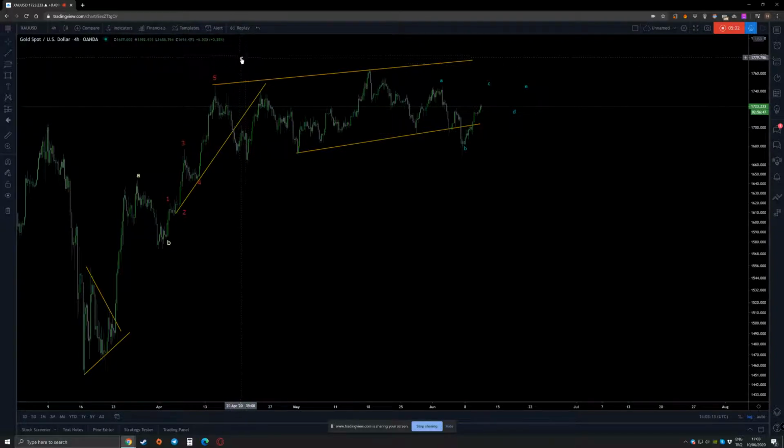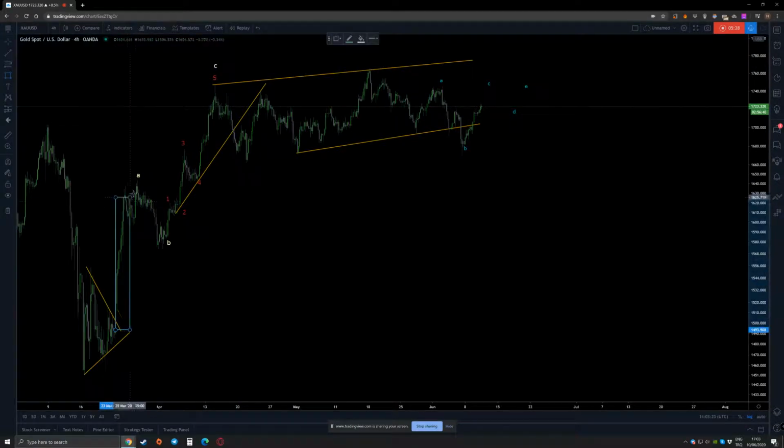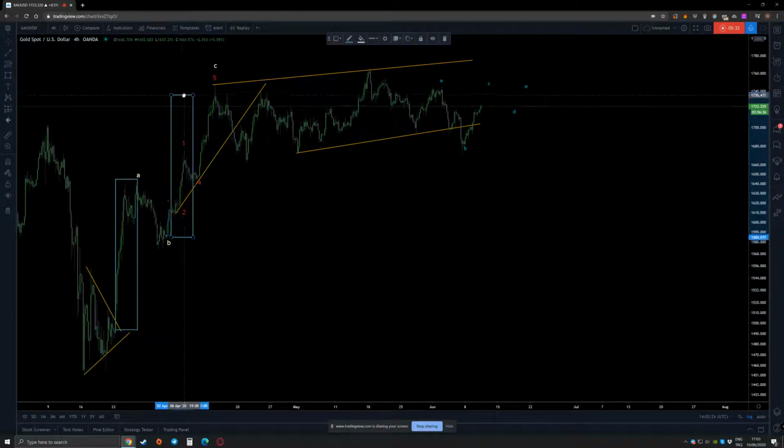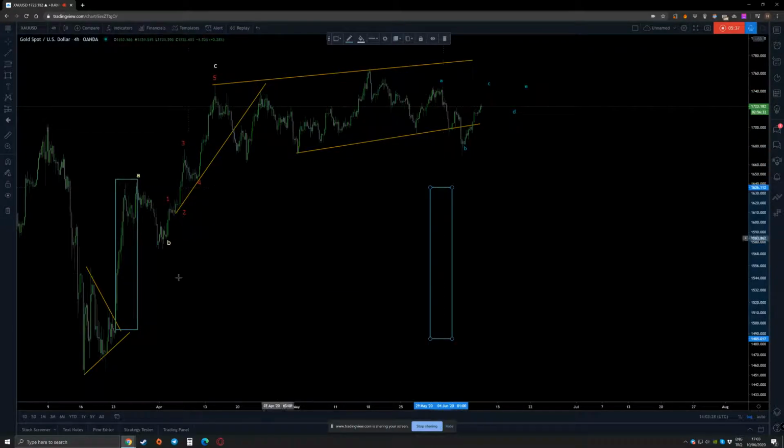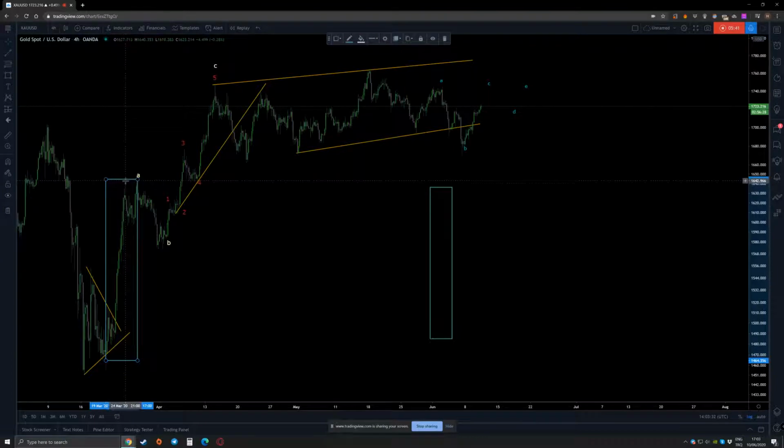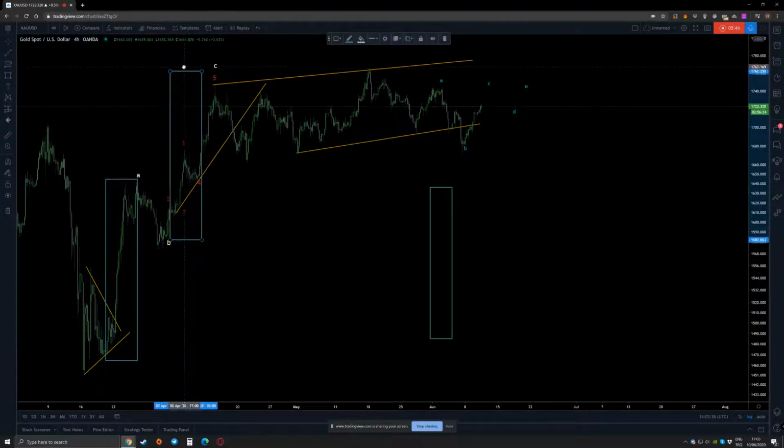But look, the reason why I also didn't put it here is the fact that this and this, time-wise, are not identical as wave 1 and wave C. Now, let's say that I was wrong and this is the place where it should have been starting for this impulsive wave.